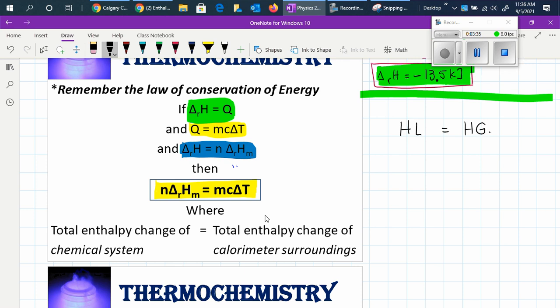If the system is losing heat, then we have n times delta H equals mc delta T. Here we have the system, or the chemical reaction, and here we have the surroundings.